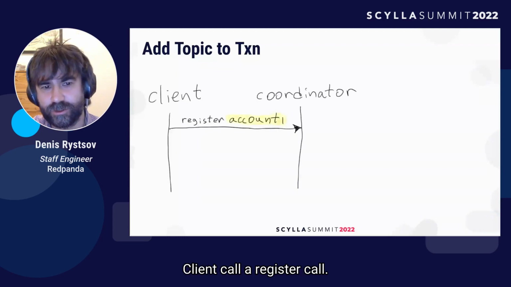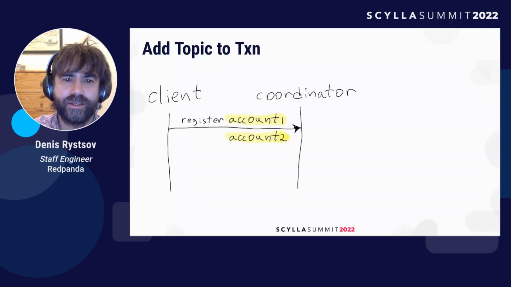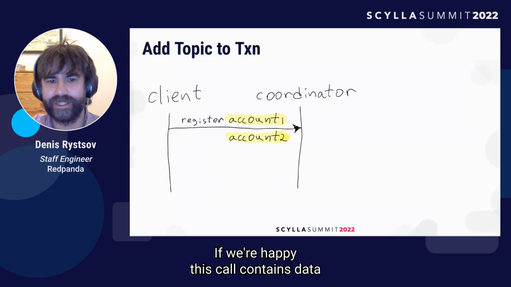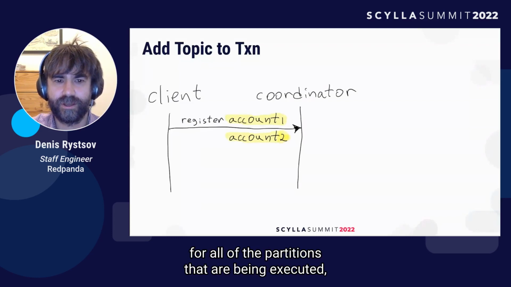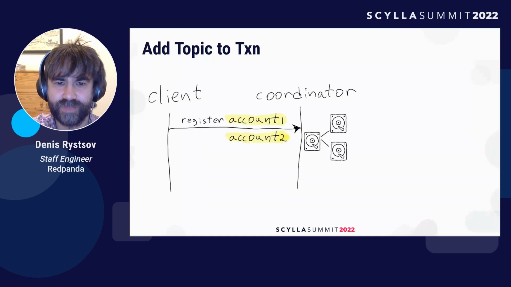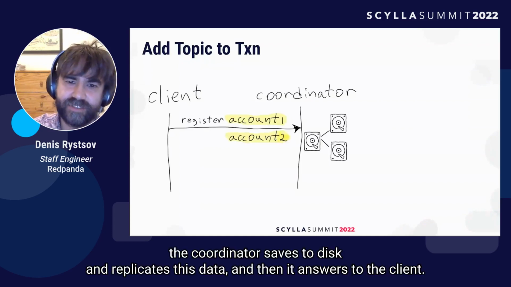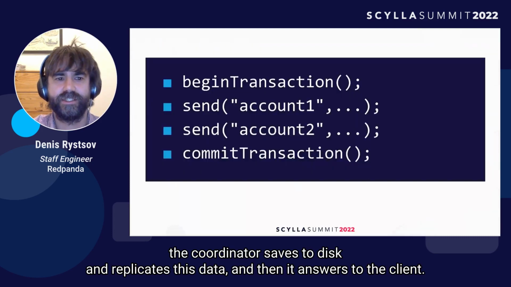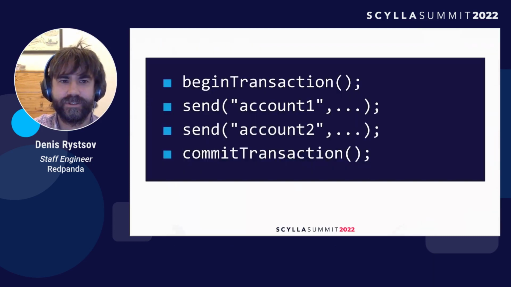Client calls a register call. This call contains the data for all of the partitions that are being executed. The coordinator saves to disk and replicates this data, and then it answers to the client.